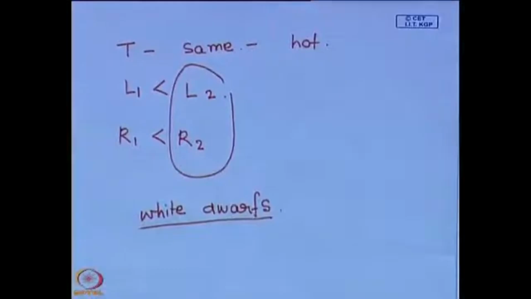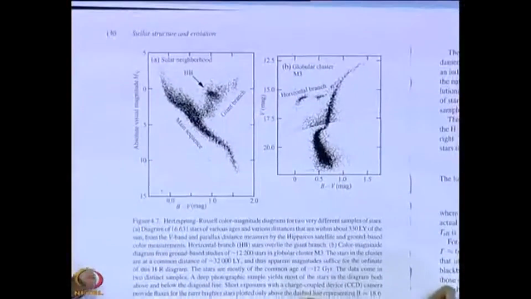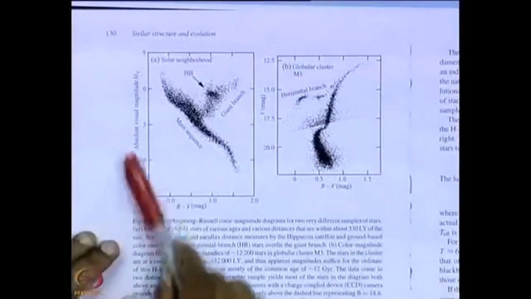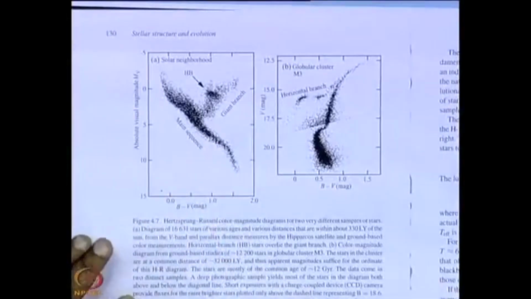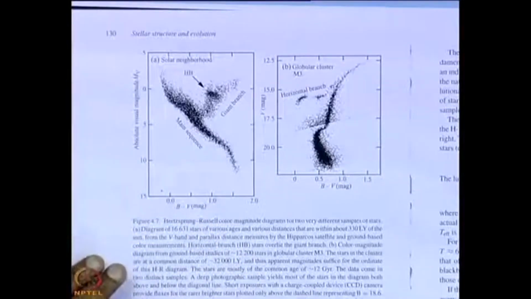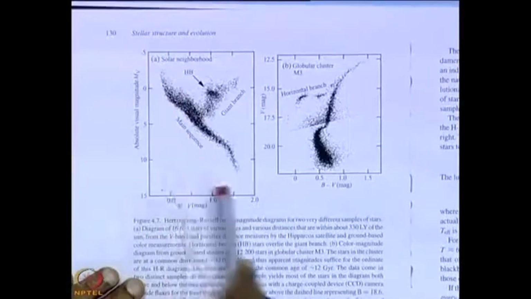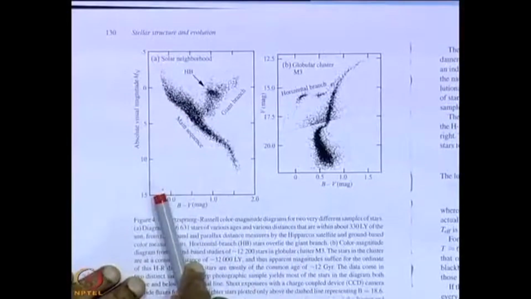You take any star and put it on the HR diagram. If you know its distance, or if you know it's in a group, then you compare it with the other stars. You do it just by placing it on the HR diagram. Okay, and if it lies somewhere much below the main sequence, but it is hot, then it's a white dwarf. It's an extremely hot star, but of extremely compact size.